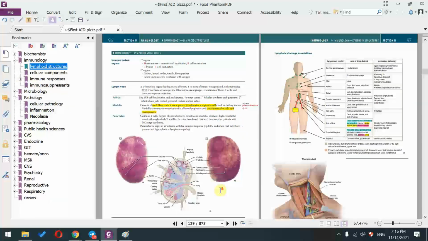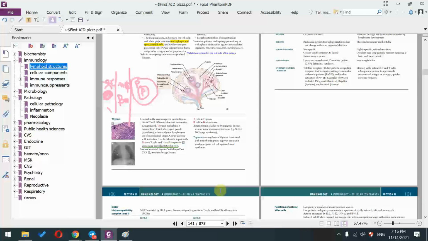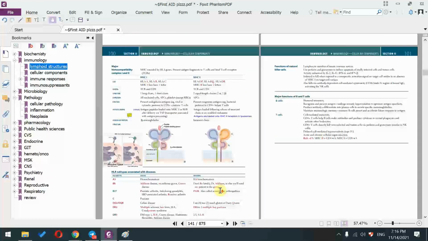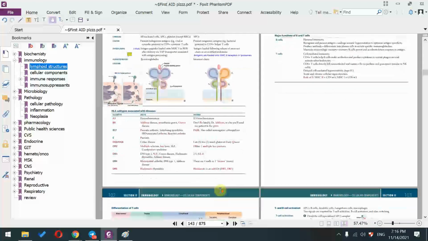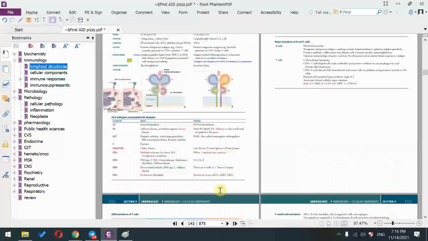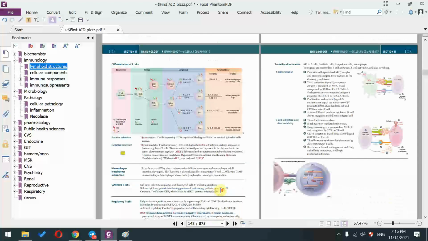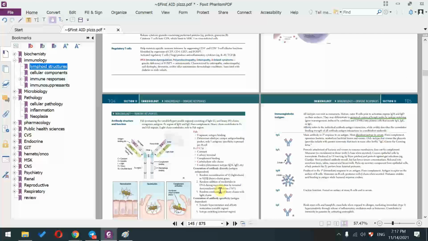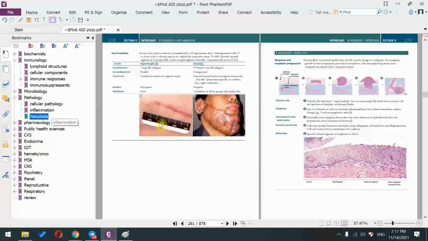Someone give me an example, please. Macrophages, okay, what else? B cells, okay, good, what else? Dendritic cells. Okay, excellent. So you have different types of antigen presenting cells.